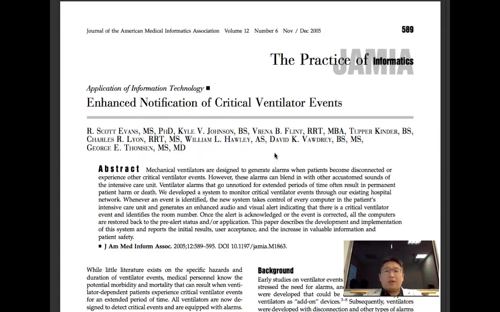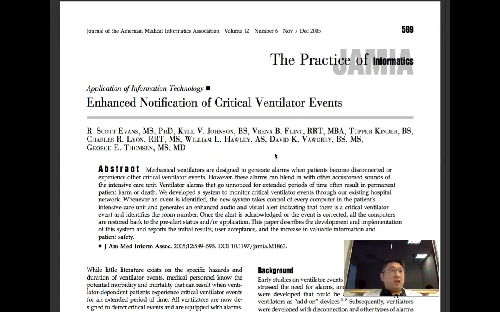Basically, the idea is that all the ventilators in the ICU are connected to a computer. So the first thing, if a ventilator is disconnected, then the system will define whether it is a critical event or not.